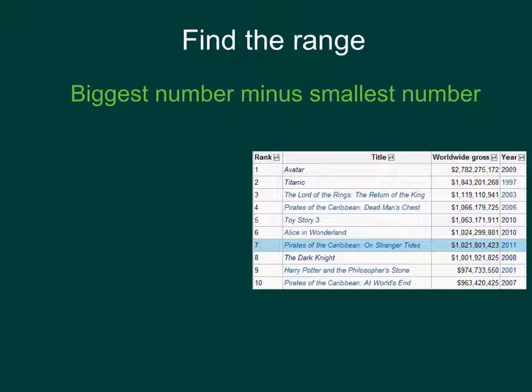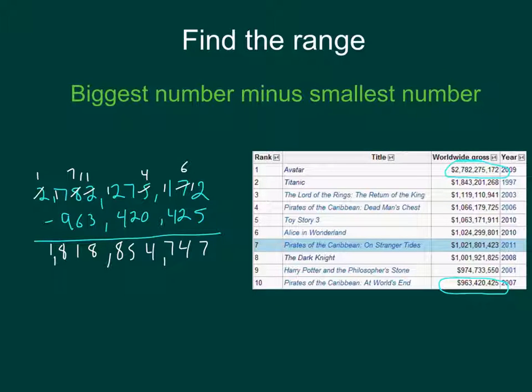In this case, our highest grossing movie was Avatar, and the lowest out of these top 10 was Pirates of the Caribbean, so I would take those 2 numbers and subtract them. Once I do that, here you can see my work, and this number right here would be my range.